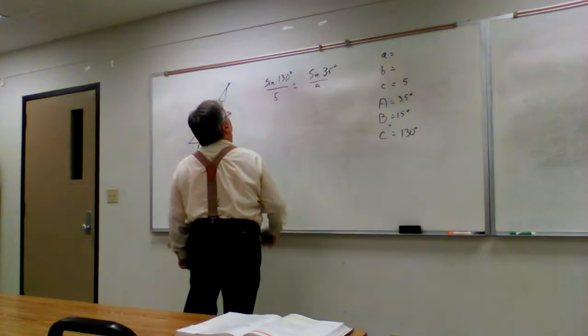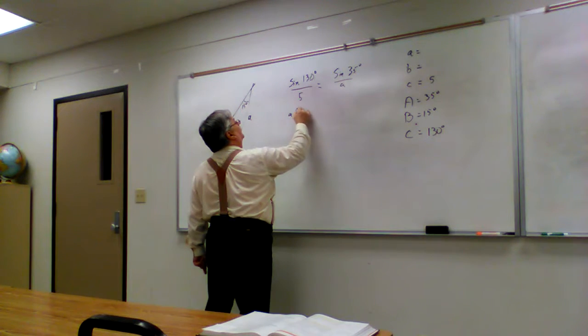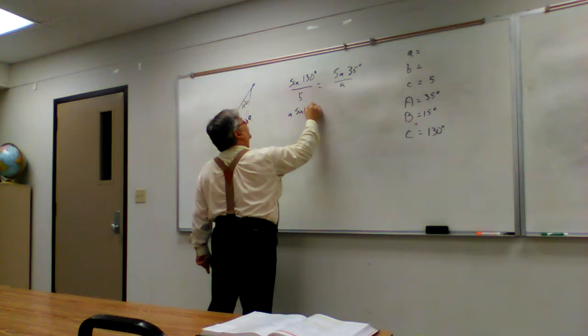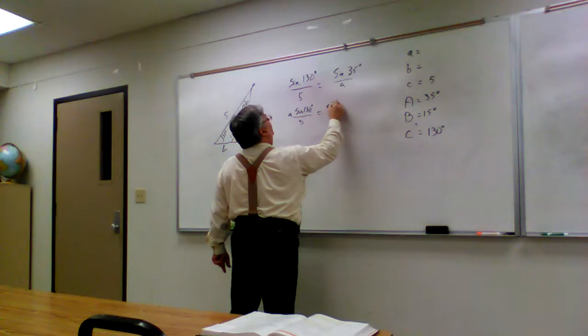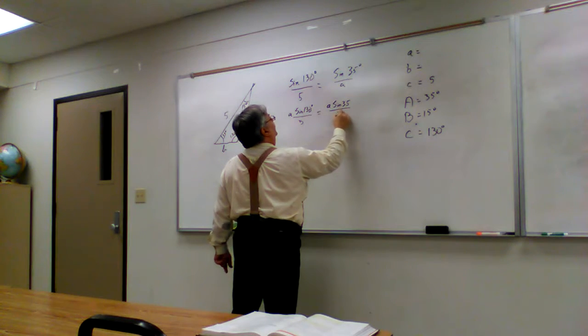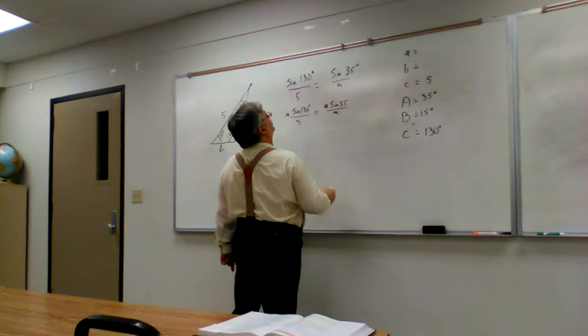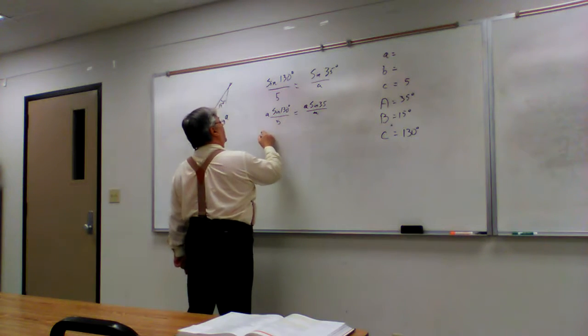All right, multiply both sides by A. They cancel. Multiply both sides by 5.